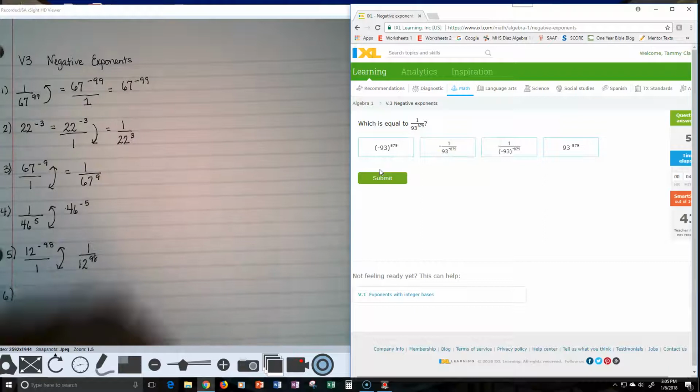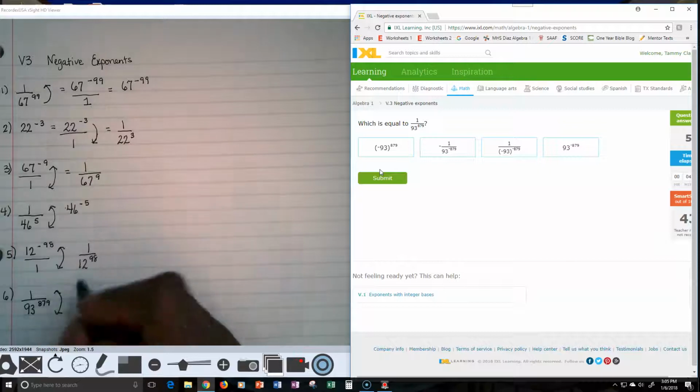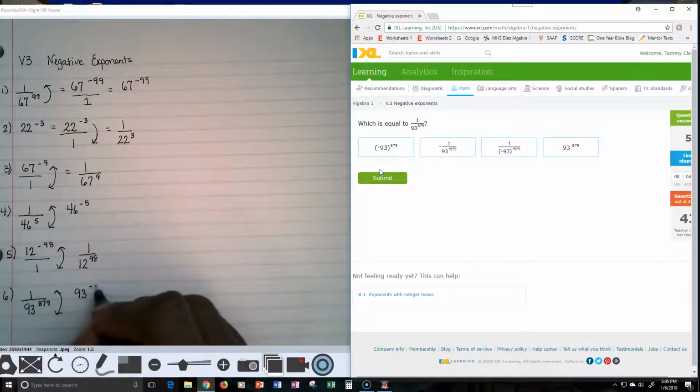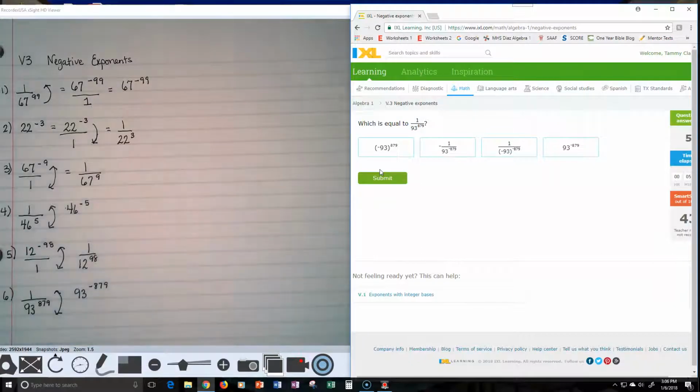Number 6, which is equal to 1 over 93 to the 879th power. Remember to flip them over. That's going to give us one of our answers anyway, 93 to the negative 879th power. So here again, this wouldn't be the correct answer because they made the base negative instead of the exponent.